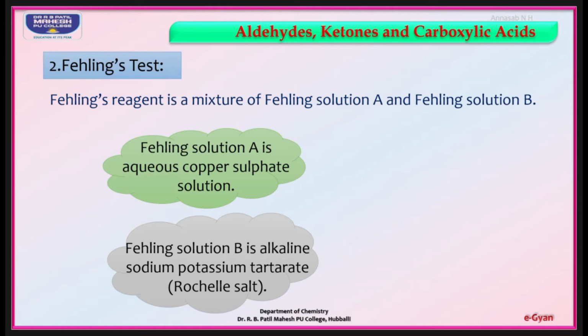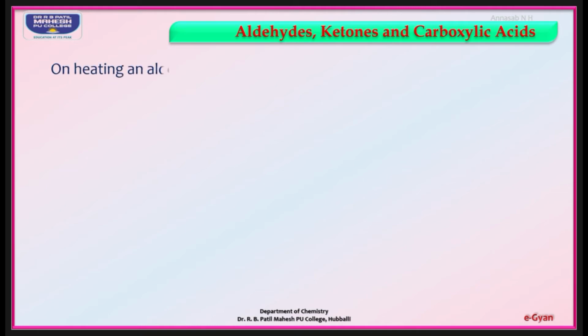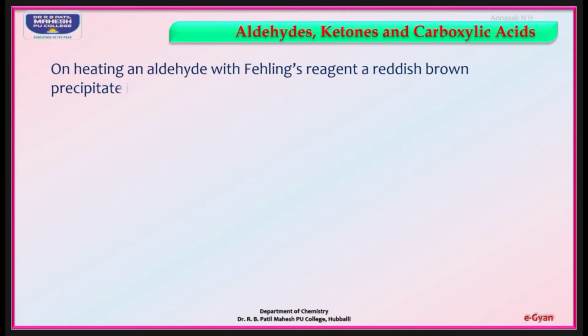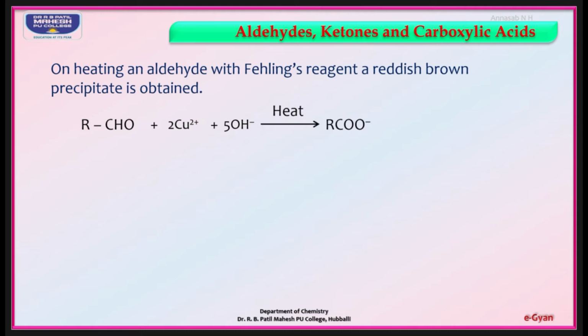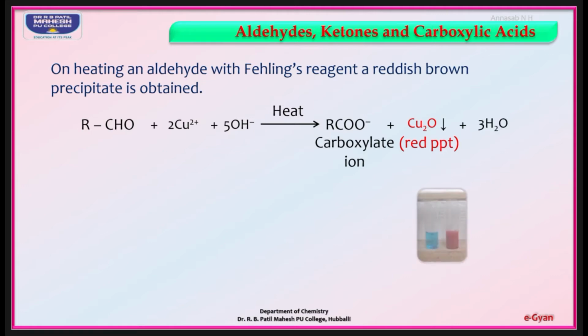When heating an aldehyde with Fehling's reagent, a reddish brown precipitate is obtained. For example, aldehyde, when it is treated with Fehling's reagent, that is aqueous copper sulfate and alkaline sodium potassium tartarate, when heated, it liberates salt of carboxylic acid or carboxylate ion by the liberation of copper oxide, which is red precipitate, and the byproduct formed is water.